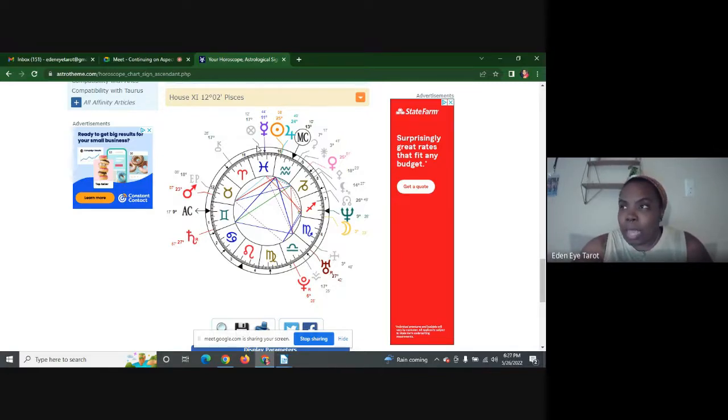However, it's in the 12th house, which is all about release. And so it can be maybe some fears about having something, but then having it snatched away from you, having security snatched away from you, or not being able to hold on to security, especially if it has to do with financial security, or maybe it took a while to find jobs that gave you a great sense of value or security, things like that.